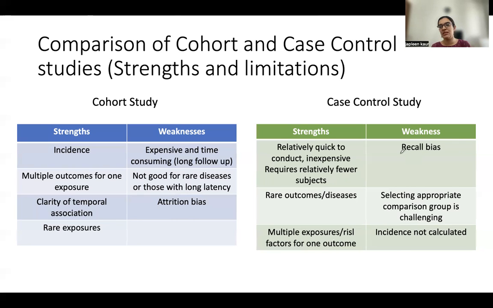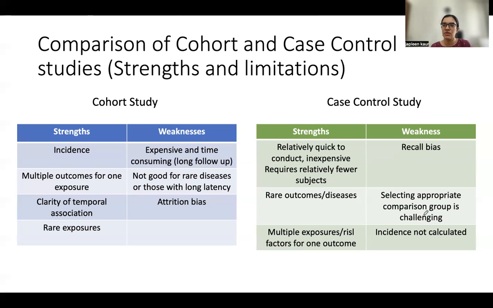The weakness, again, is that it suffers from recall bias. The case who has the disease may be able to give you a better recall of the risk factor, whereas the control may not really be very sure whether he was exposed to the risk factor or not, since he didn't get any disease, so he may not remember that much. Then again, selecting an appropriate comparison group is challenging because we try to match the controls as much to the cases as possible so that there are not too many differences.